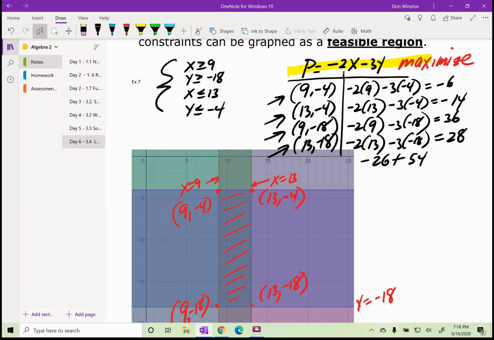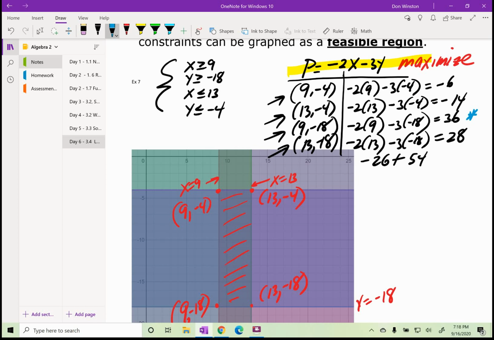And then -2 times 13 minus 3 times -18 will give me 28. So if the objective is to maximize this linear programming problem, we would choose x is 9 and y is -18.